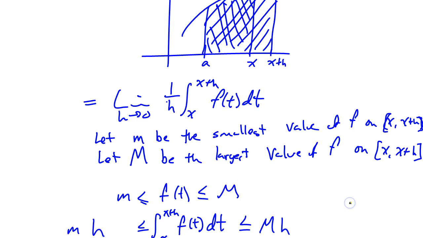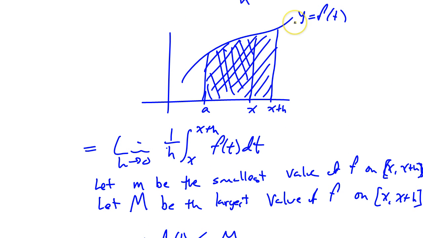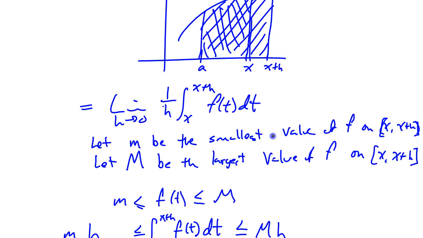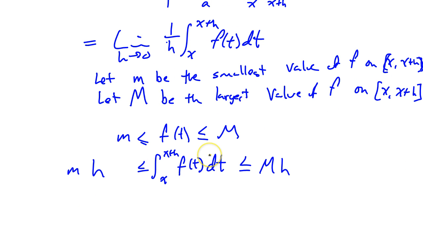The picture is, because I've drawn this as an increasing function, the minimum value is this height here, and the maximum value is the height up there. So there's a rectangle underneath here that's going to be less than the area, and there's a rectangle that goes over the top that's going to be greater than the area. And so this area is somewhere in between the small height times the width and the big height times the width. Okay.